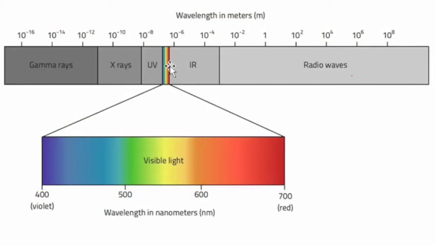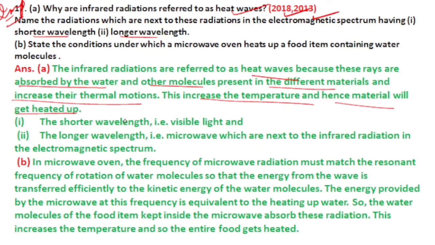Infrared radiation, so shorter wavelength, which one? Visible light. And longer wavelength, yes, this side, radio waves. So you have to write, shorter wavelength, which radiation? Visible light, right? And longer wavelength, after infrared, microwave is present, which is next to infrared radiation in the electromagnetic spectrum, which has longer wavelength, right? Hope it's clear to all of you.